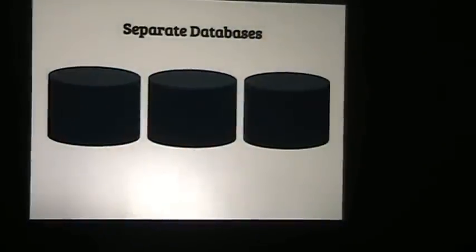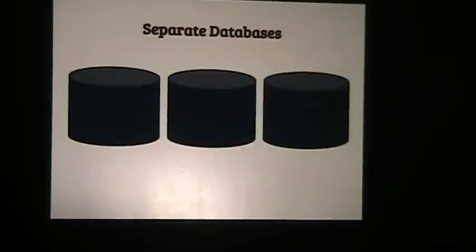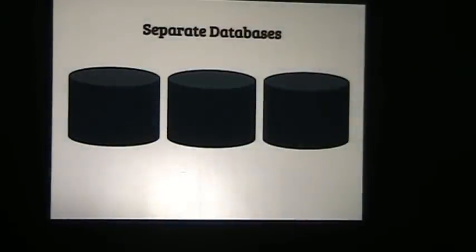Next is the third way, and it's at the opposite end of the spectrum, where you have separate databases. Your one application will connect to different databases depending on the user. This is nice if your users have a lot of data, maybe the database experts can tell me that.